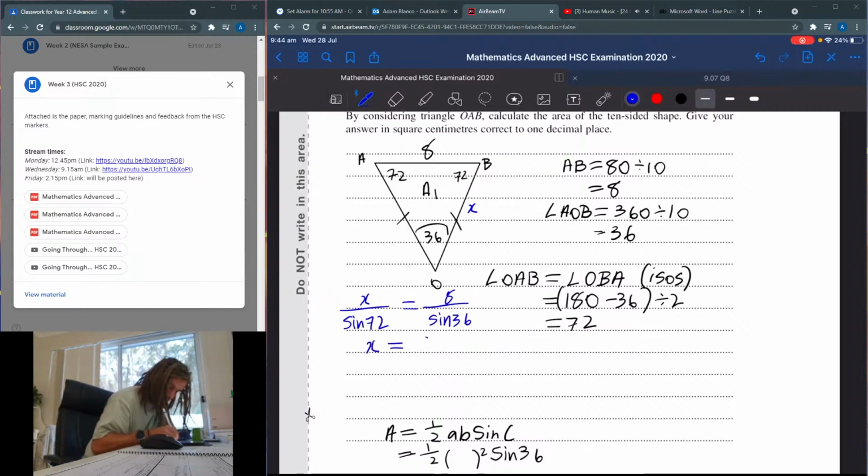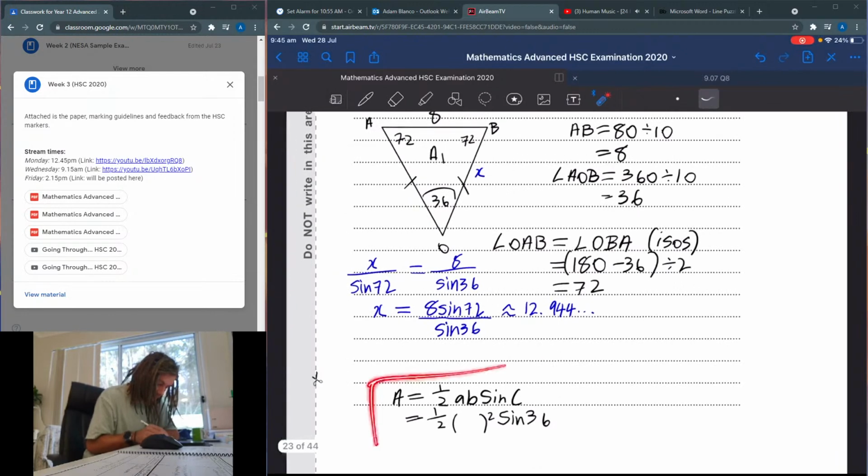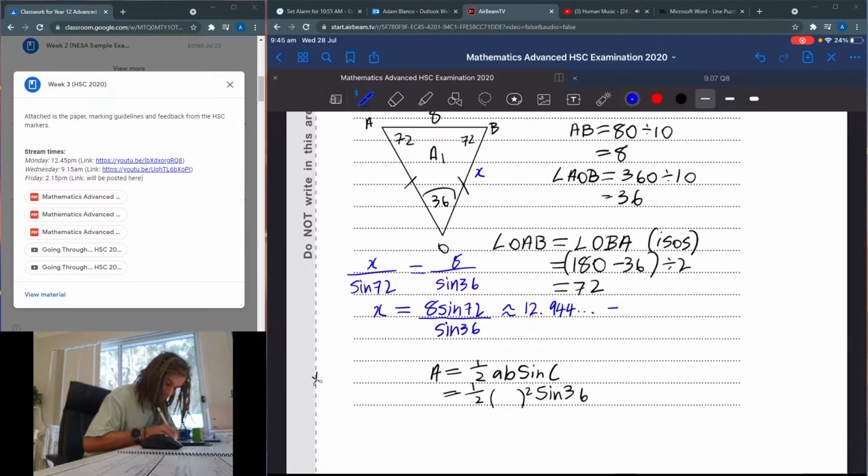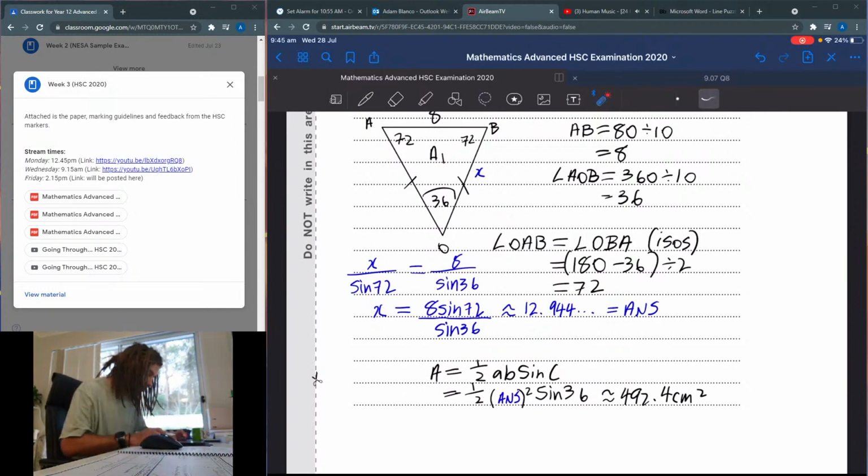That means X is equal to 8 sine 72 on sine 36, which is approximately equal to, and I'd have to chuck that into my calculator, 12.944... Now, because I haven't rounded anything in this calculation yet, I'd keep that in my calculator as Ans, and I'll chuck that in there. And then I get, that's approximately equal to 452.4 centimeters squared.